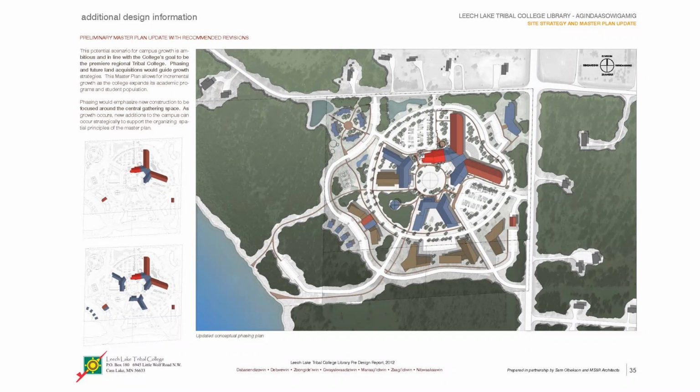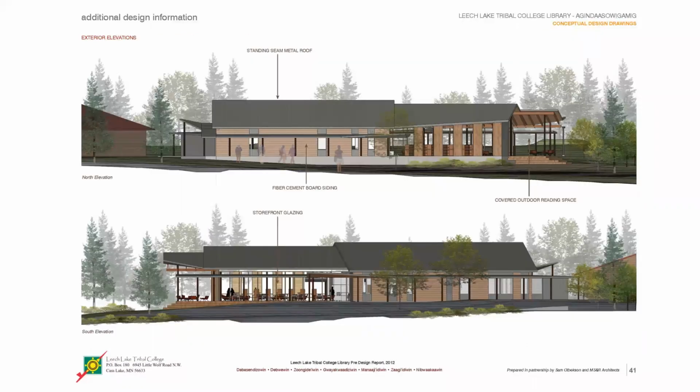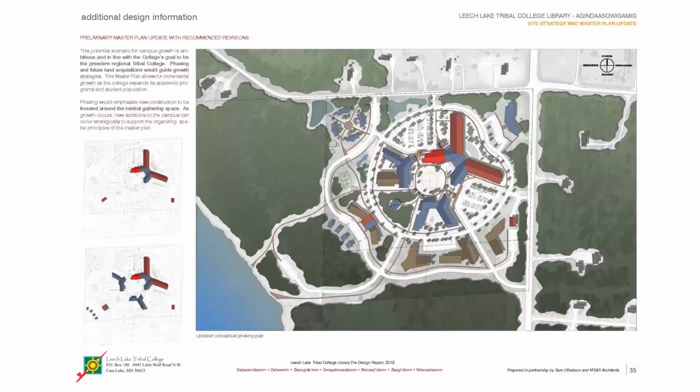They had an existing building, and our job was to create a new facility within the context of that overall master plan, but create a zone for the college to grow in phases over time. Again, they're thinking out many years into the future.